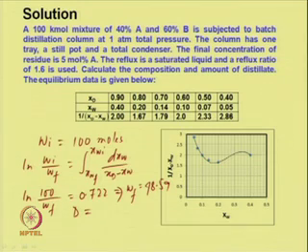Then we can obtain D using the total material balance equation. So, it will be 100 minus 48.59, which is equal to 51.41.